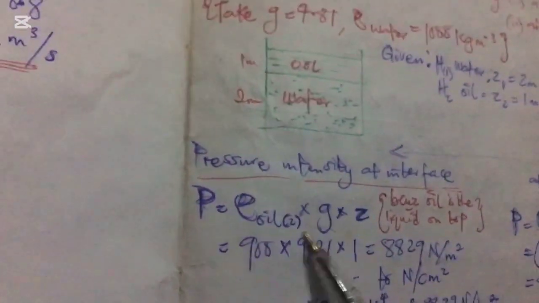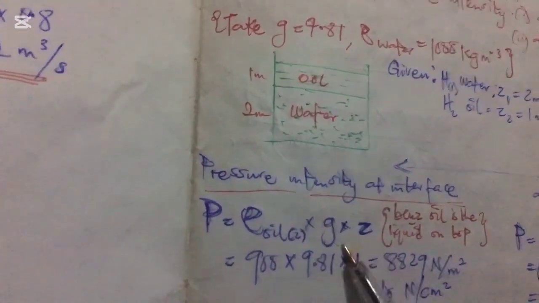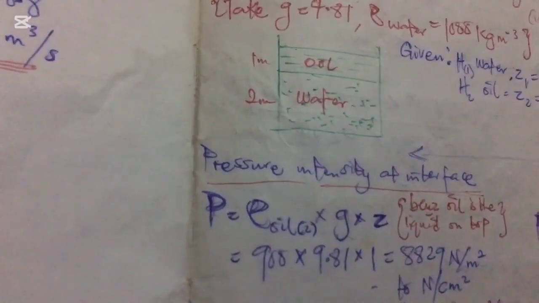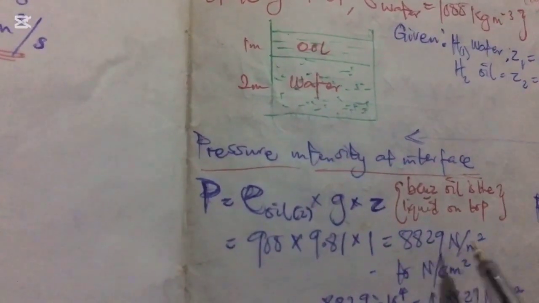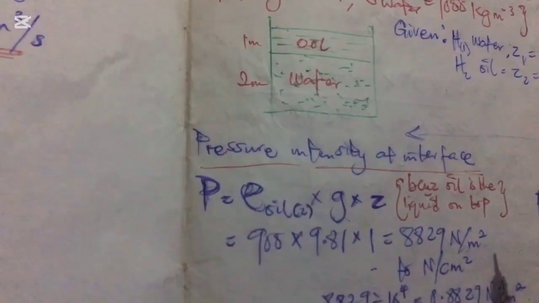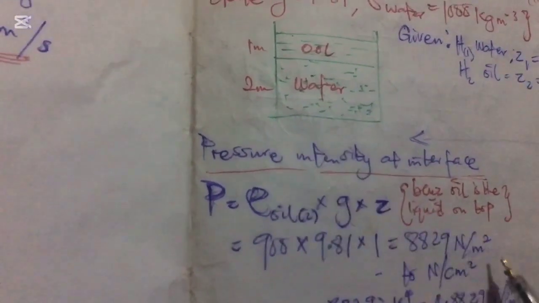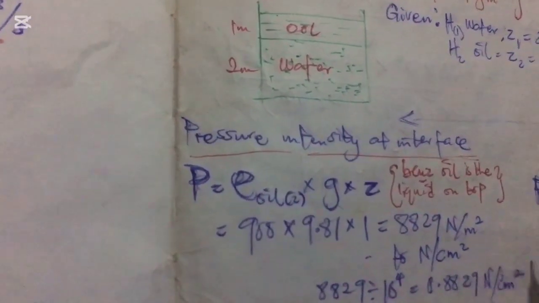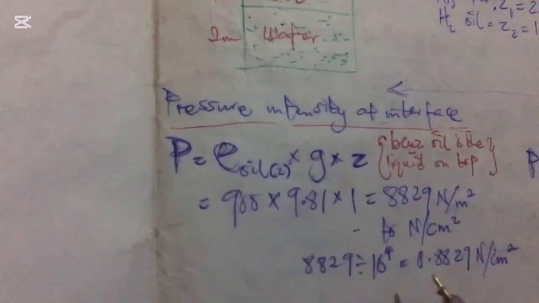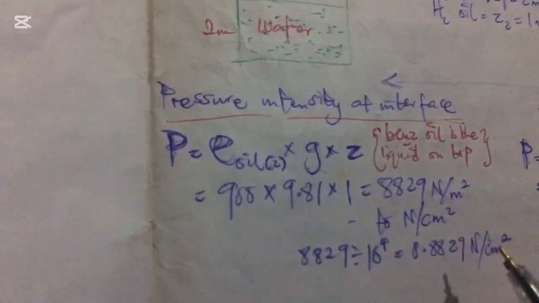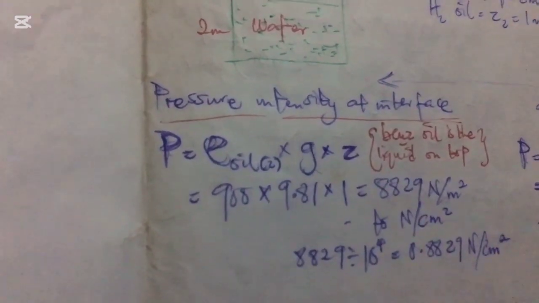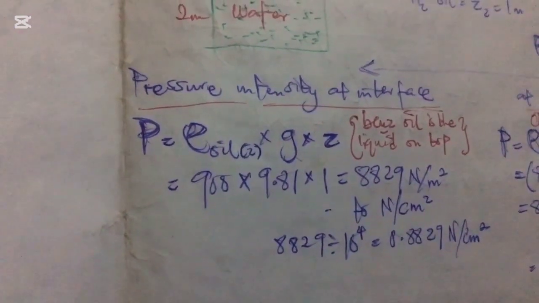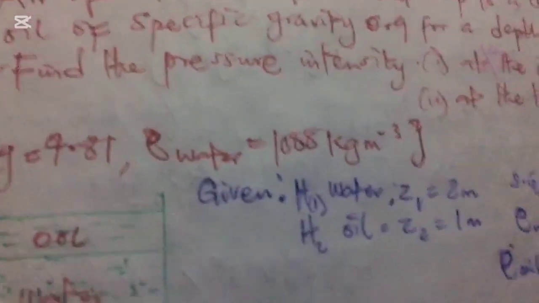So that's how we got this 900, then multiplied by gravity, we all know that, then multiplied by the height, which is 1. You will get this as your answer, 8.829 Newton per meter square. We are giving you height in meter, that's why it's in meter square. But now you convert to Newton per centimeter square. What do you do? Divide it by 10 raised to power 4 or 10,000. So you will get 0.8829. So now that's for the interface.